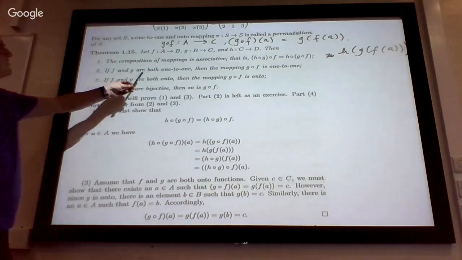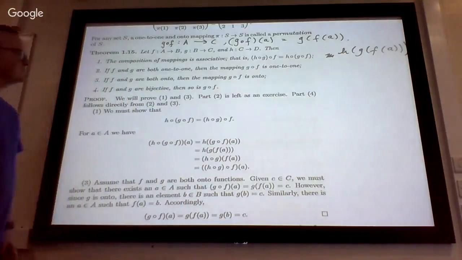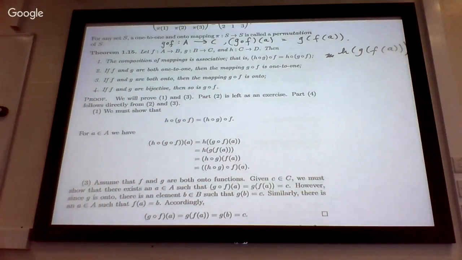If f and g are both injective to begin with, then the composition will still be injective. So the composition preserves injectivity.